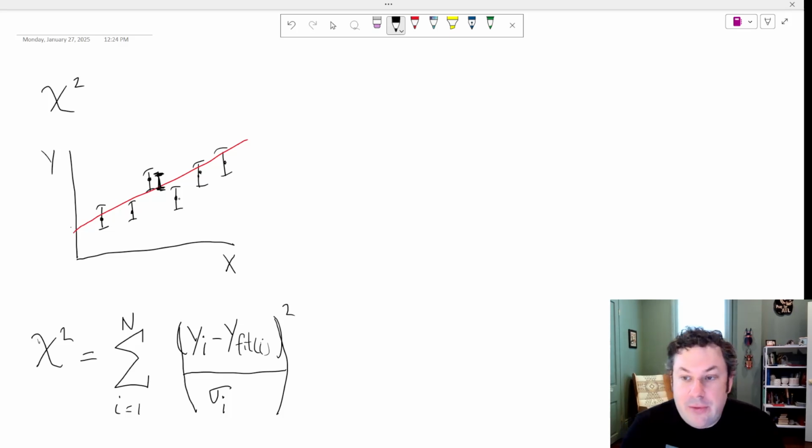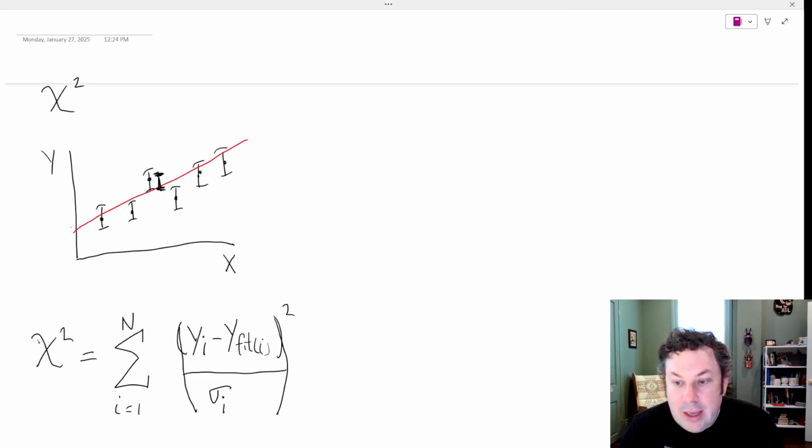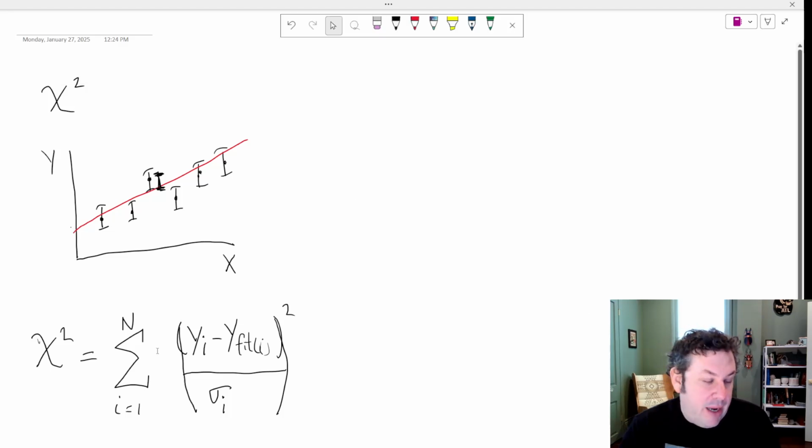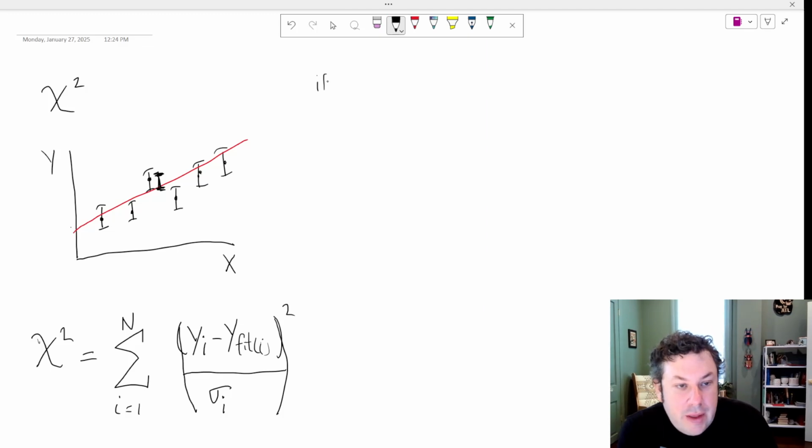So then you might ask, okay, if that's true, how are we going to actually use that in this course? Well, the other thing is that if you did a good job fitting this, what you would find is that on average, the individual value minus the fit value, squared, is going to be approximately, at each individual position, the uncertainty.